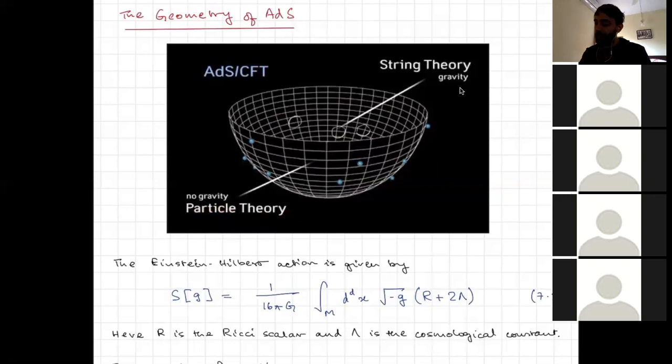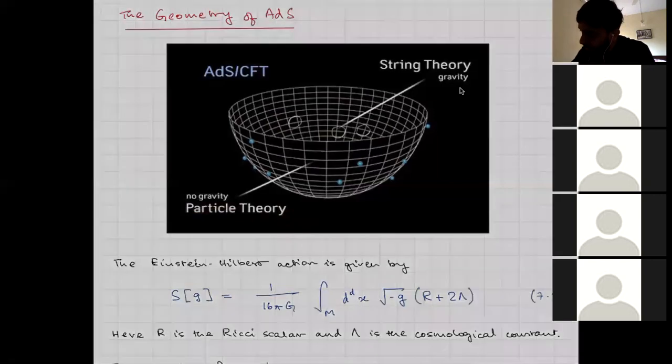And the major lesson, the first building block where things actually match up, is when you say AdS, let's say gauge-gravity duality.